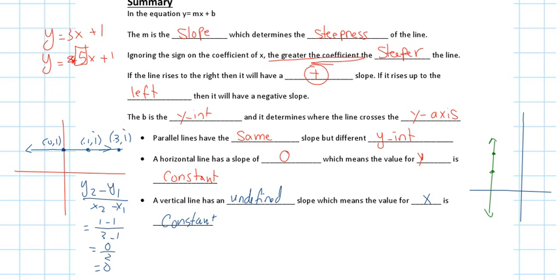Let's say this is going to be (-2, 3) and (-2, 1). So you see that your x values are the same. So when I do y2 minus y1 over x2 minus x1, the bottom is going to be 0. You can't divide by 0. It's impossible. So that's why it becomes an undefined slope.